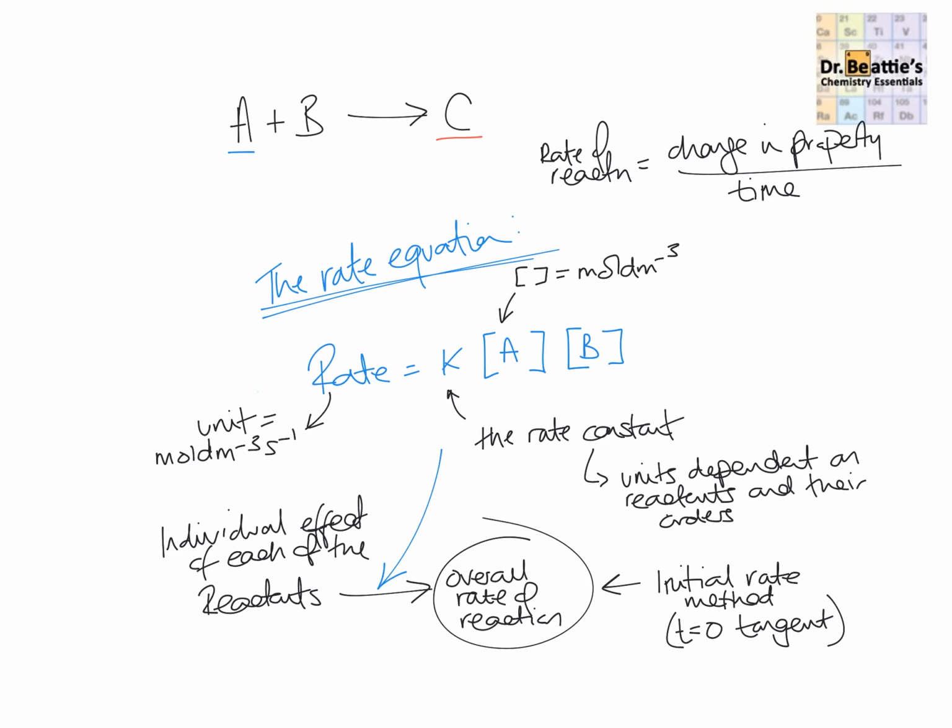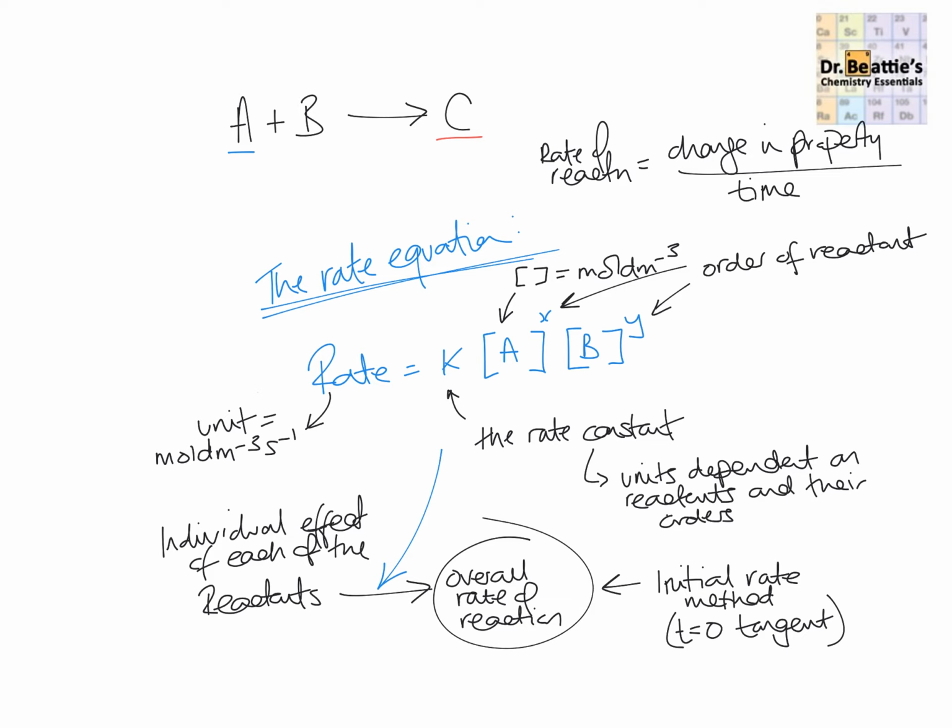And so we raise the reactant's concentration to a power. We call this power, here shown as x and y, the order of reaction, and that is with respect to each individual reactant.